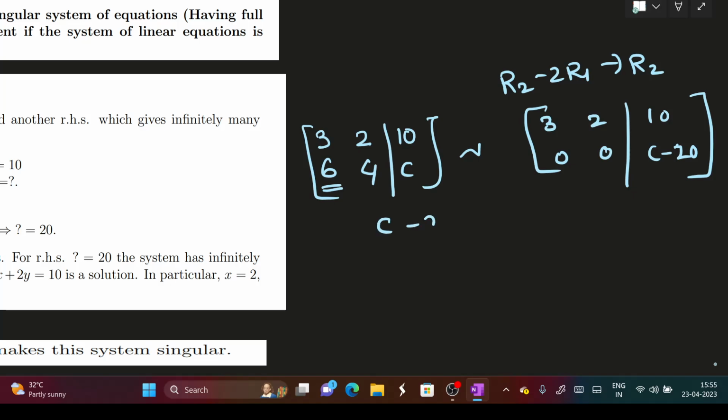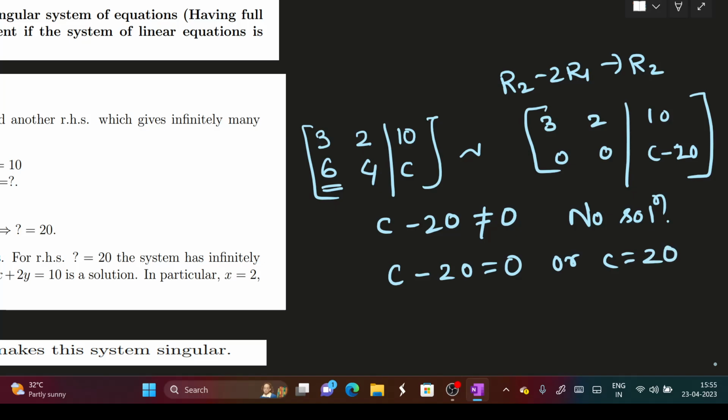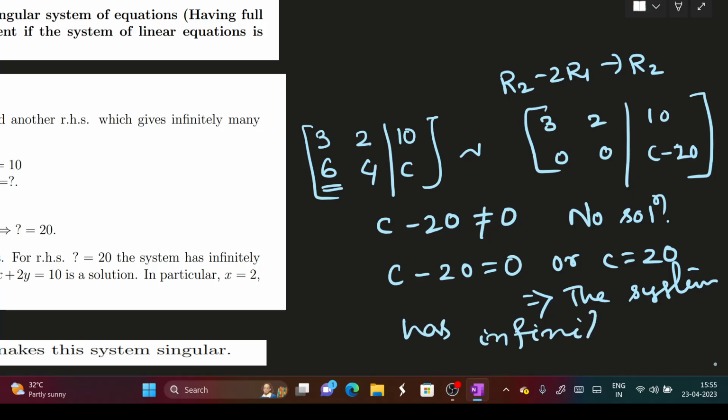For C minus 20 not equal to 0 implies no solution, and C minus 20 equal to 0, or C equal to 20, implies the system has infinitely many solutions.